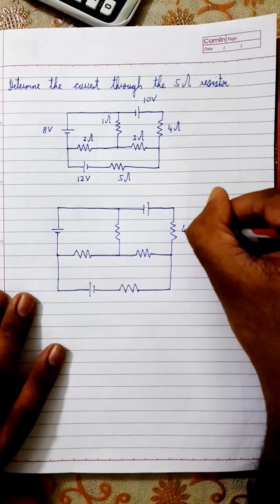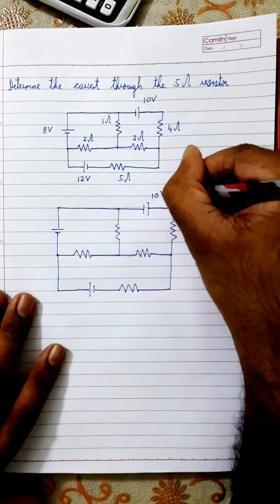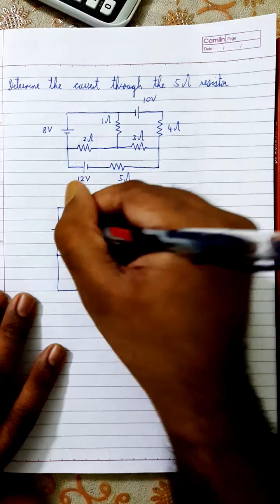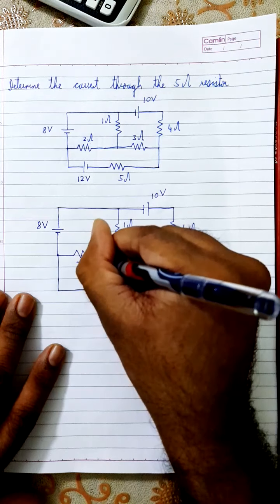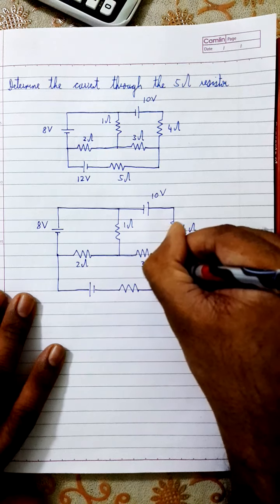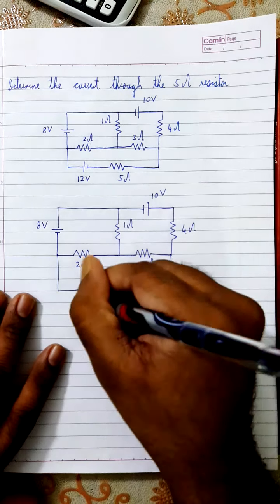Okay, this is 4 ohm, this is 10 volt, this is 1 ohm, this is 8 volt, this is 2 ohm, this is 3 ohm, this is 5 ohm, and this is 12 volt.